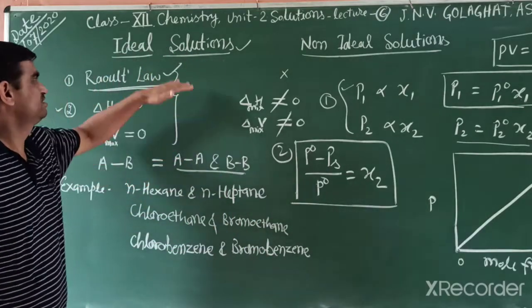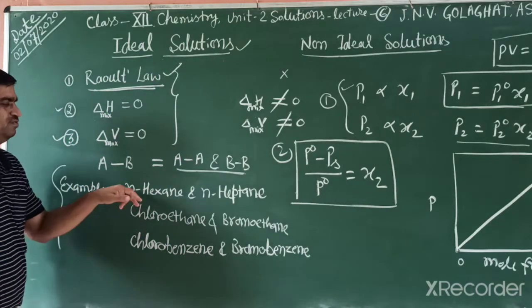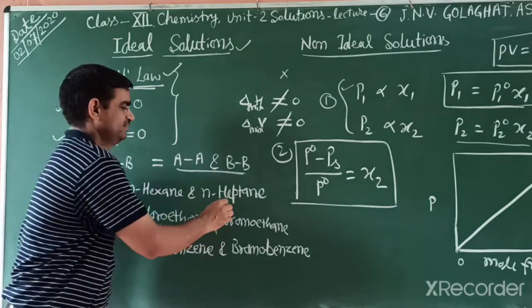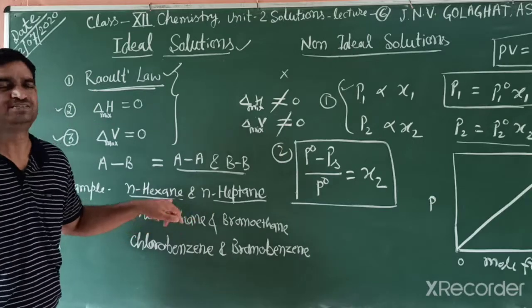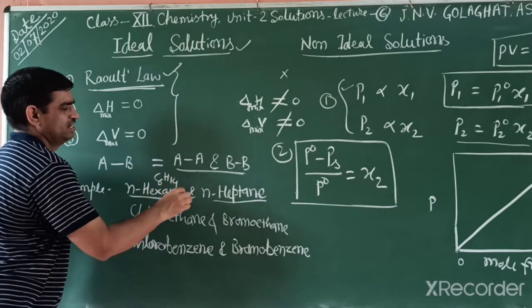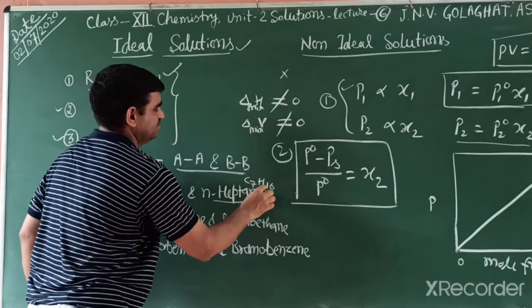Some examples of ideal solutions: one is normal hexane and normal heptane. You studied these in 11th class: hexane is six carbon, C6H14, and heptane is C7H16.